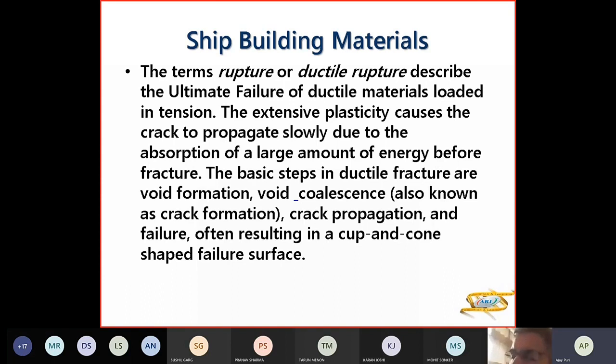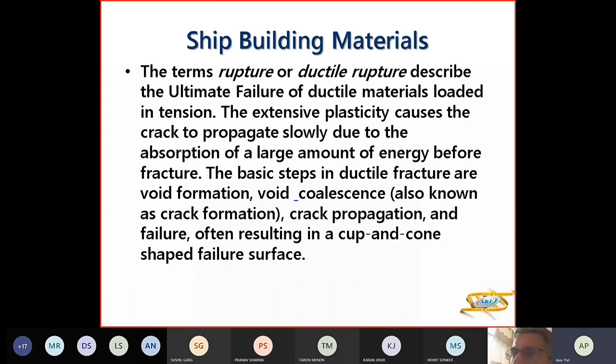So if you see the brittle fracture, the absorption of energy is less, while in ductile fracture, absorption of energy is very high. In brittle fracture, the crack propagation is very fast, while in ductile fracture, crack propagation is very slow. The basic steps in ductile fracture are void formation. There is a void being formed, and the voids join together to form void coalescence.